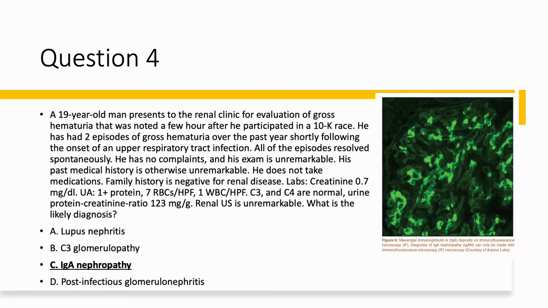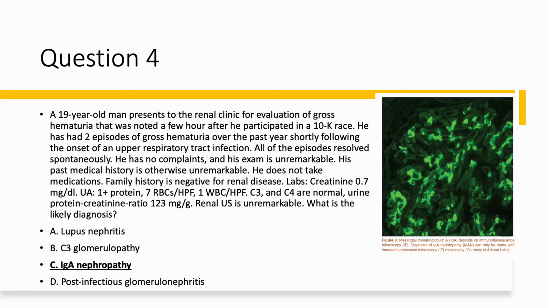You can get the same with Alport syndrome or thin glomerular basement membrane disease, but those conditions have usually family history. With Alport, you have hearing loss, and we don't have that in this question. More so, we don't even have those as an option. Lupus nephritis is more common in women, and I didn't give any of the manifestations of SLE. Complement is normal, so this is not a very likely diagnosis.